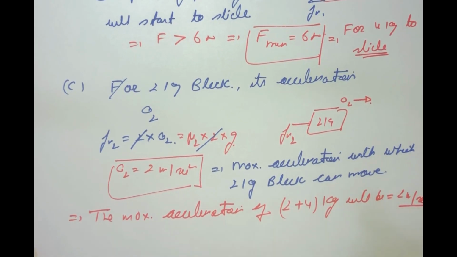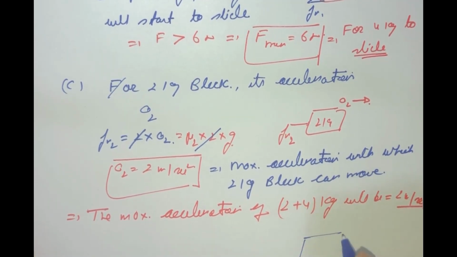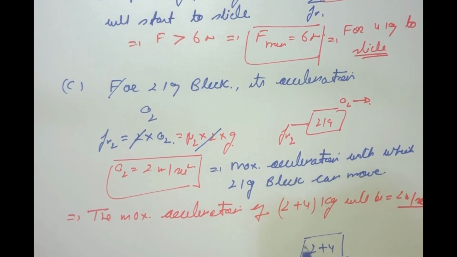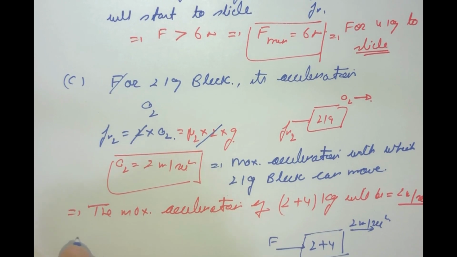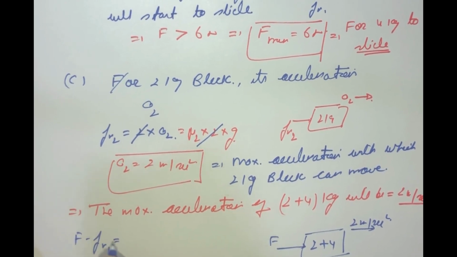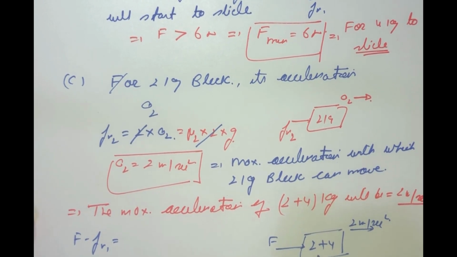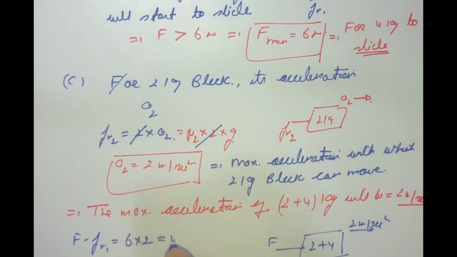So if this is of 2 plus 4 kg, a force F is being applied on it, and it can move only with the acceleration of 2 meter per second square, and Fr1 will be the value of the friction. So we can write this equation as F minus Fr1 is equal to mass into acceleration, that is 6 into 2, which is 12.